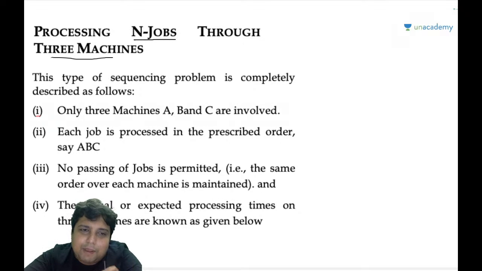Those who set the paper are experimenting a lot, and there is a good chance that this n job 3 machine problem can come. I'm not saying it would come, but it can. So that's why I'm going to discuss this. It is very simple, very easy. I will discuss this thoroughly and we will solve one question on this. So let's go with this now.